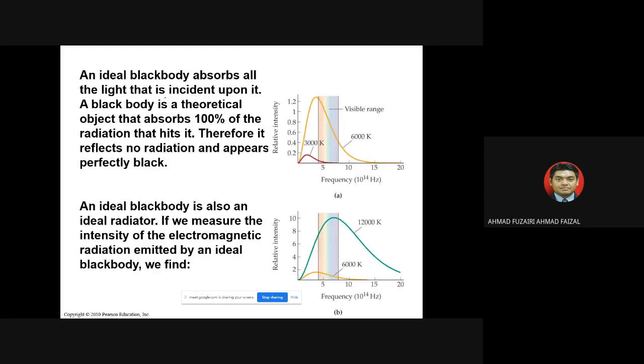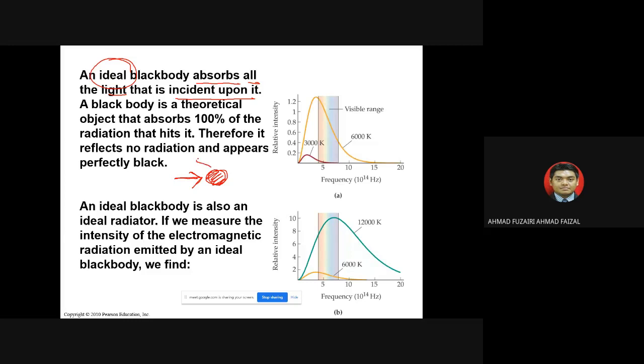Okay. So when we talk about the black body, now we want to explain about the black body. So an ideal black body, a very good black body, means that the particular object must absorb all the light that is incident upon it. Meaning that when you have an object, there are certain ways to deal with it. When you give light incident on the object, so this is, let's say, the object.